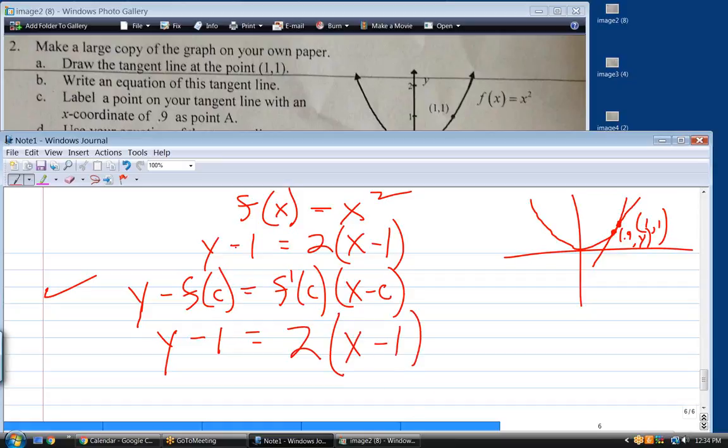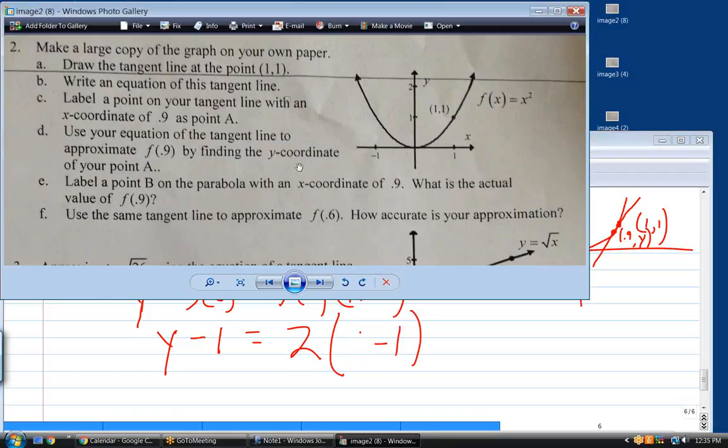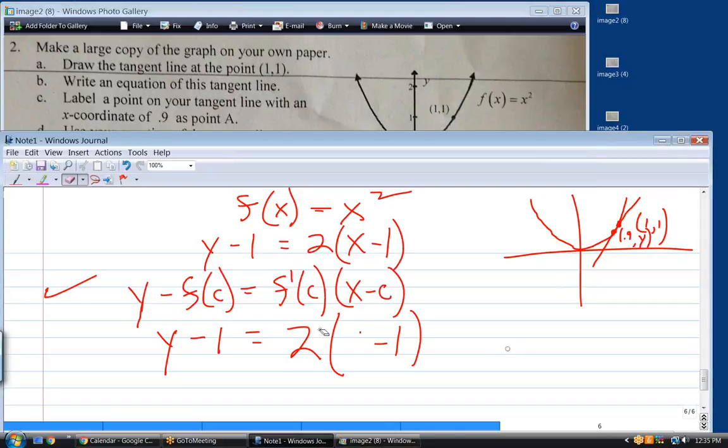Notice that that's the equation of the tangent line. Only in this case, since I'm approximating when x is 0.9, I need to put in 0.9 for x. And that's going to be my approximation.